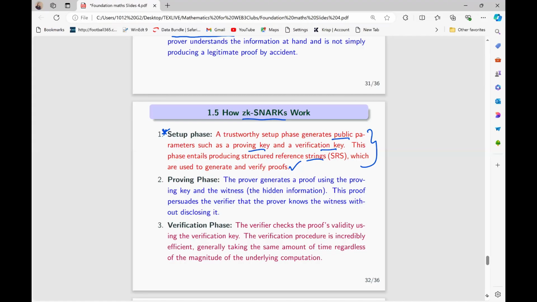That the prover knows the hidden information without disclosing it. So the proof is supposed to actually persuade or convince the verifier. And remember, it's just one proof.